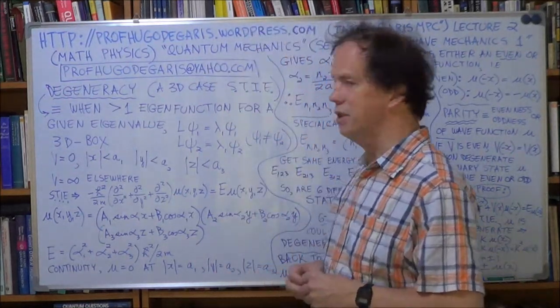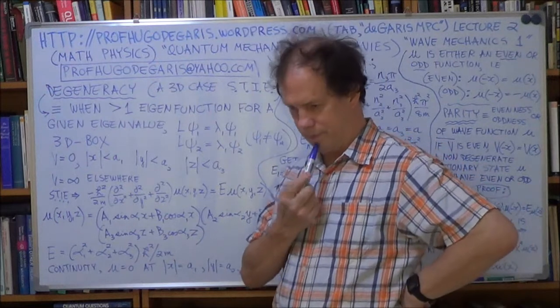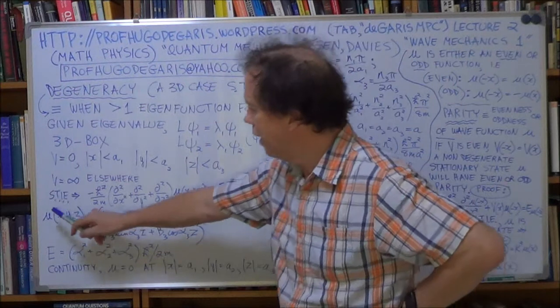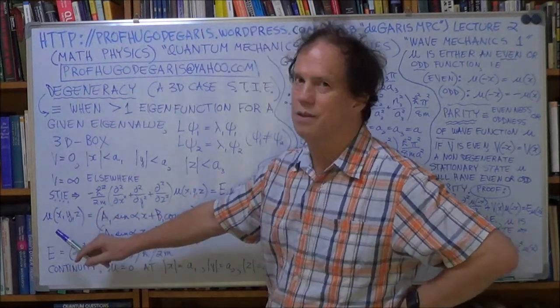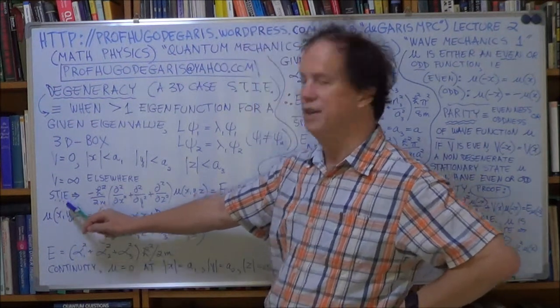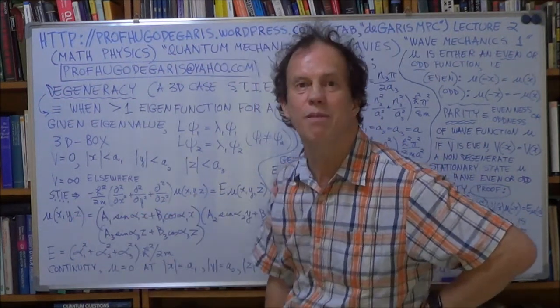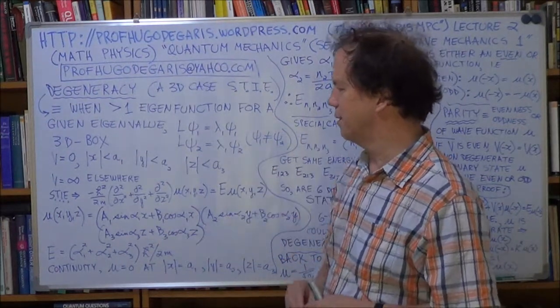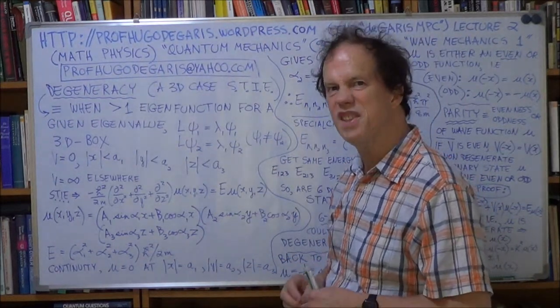Right. Well, in this session we just continue on with a second case of solving the STIE, which is now short for the Schrödinger time-independent equation, S-T-I-E. So we'll now do our second example of solving a STIE.